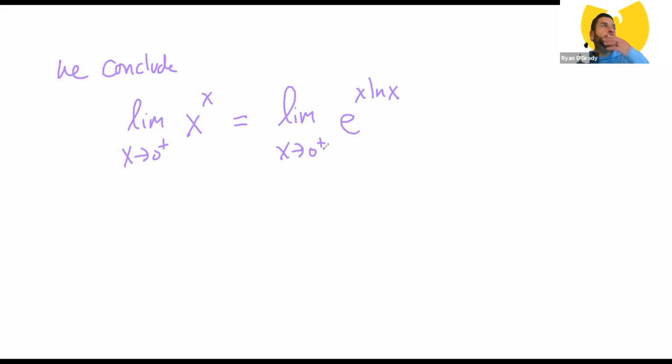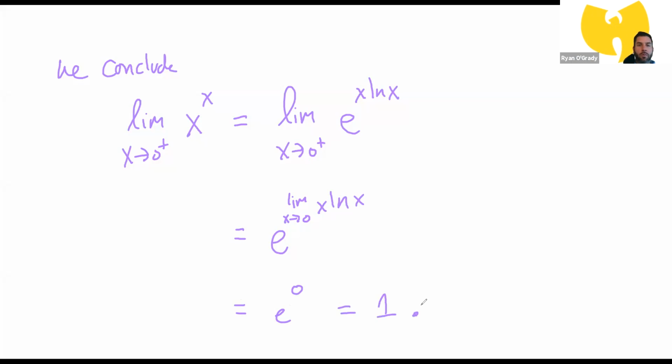Now, the exponential function, here's another bit that you don't appreciate when we were learning about continuity. The exponential function is a continuous function, which means you can take that limit upstairs. But we already found that that limit was 0, so we get e to the 0, which is 1. So this limit is also 1.